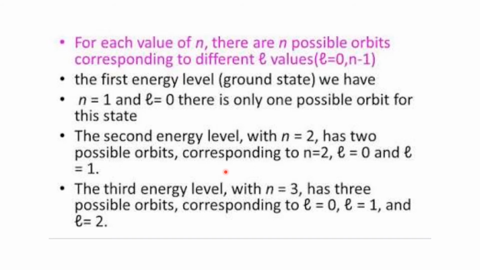Now for the third energy level, n is equal to 3, the possible values are again 0 to n minus 1, that is 3 minus 1, which is 2. So it can have the values 0, 1 and 2. Three possible values can exist: L is equal to 0, L is equal to 1 and L is equal to 2.